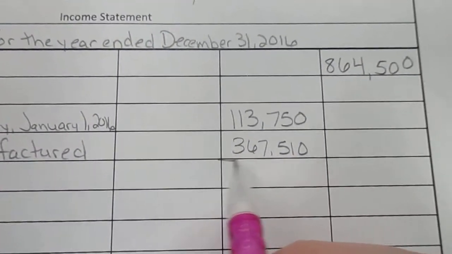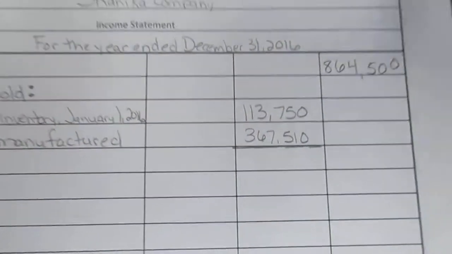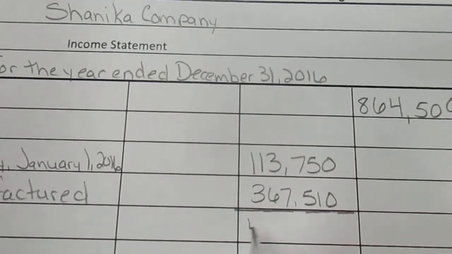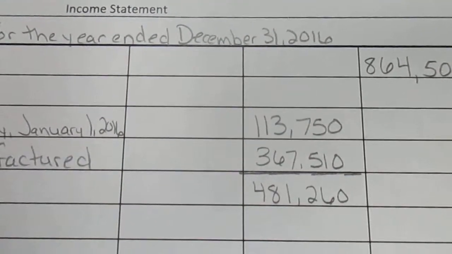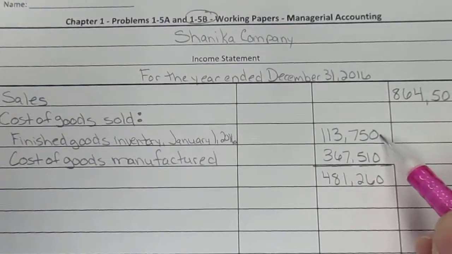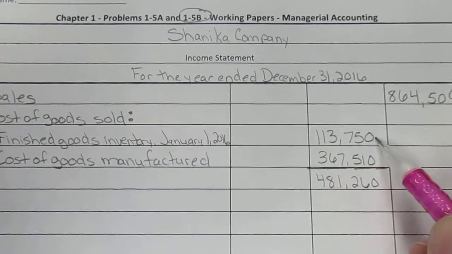We're going to take these numbers and add them together. When we add them together, we get 481,260. So finished goods inventory January 1st, we had $113,750 worth of product that was done and ready to sell.